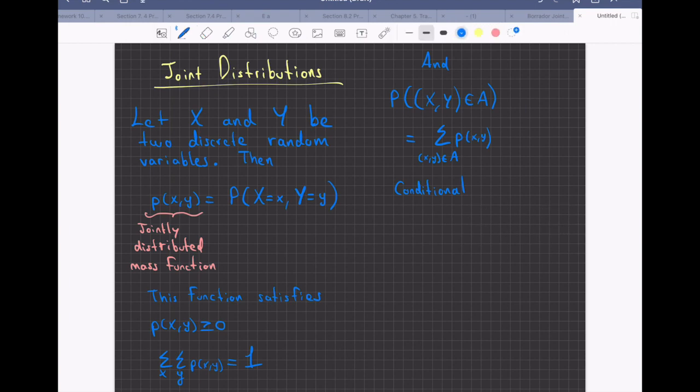Now the marginal probability mass function of X. This is from the joint distribution. If you want to get the probability only for x, you can add the joint distribution but only along the y values.